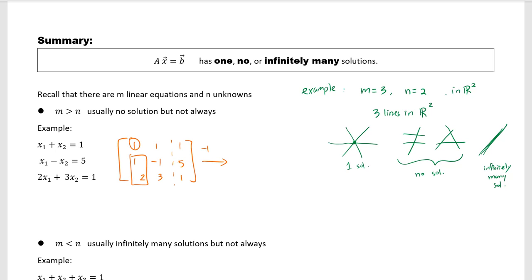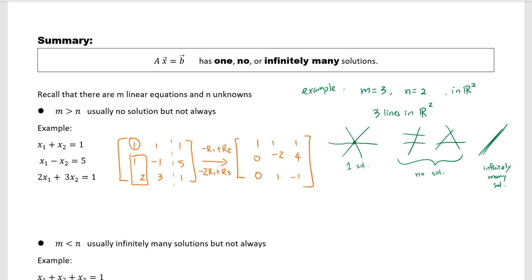So we can use minus R1 added to R2. 1 minus 1, 0. Minus 1 minus 1 is minus 2. 5 minus 1 is 4. And then we can use negative 2 R1 added to R3. 2 minus 2, 0. 3 minus 2, 1. And then 1 minus 2, negative 1.